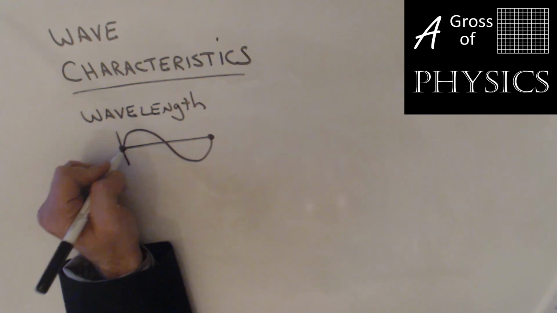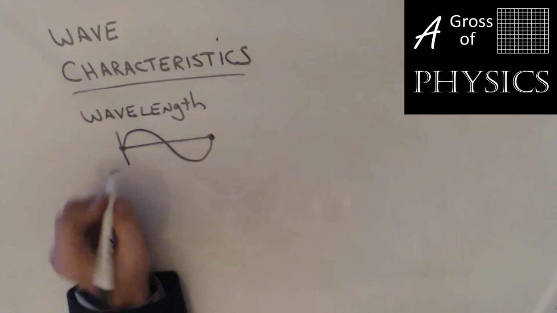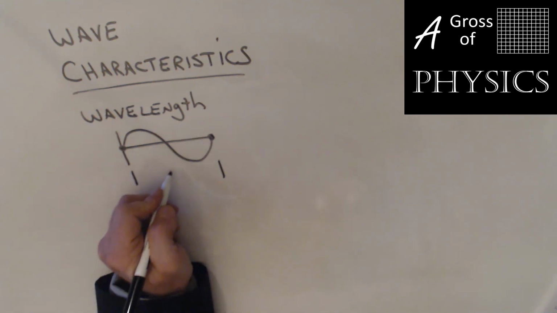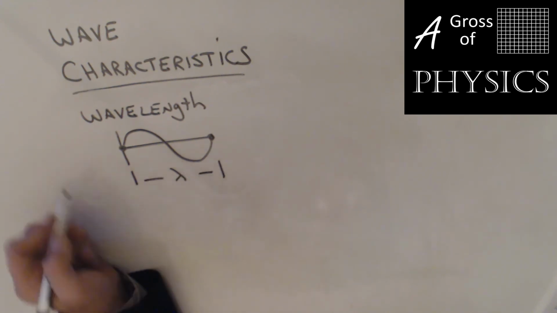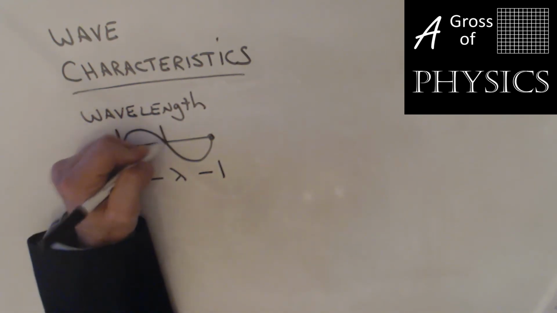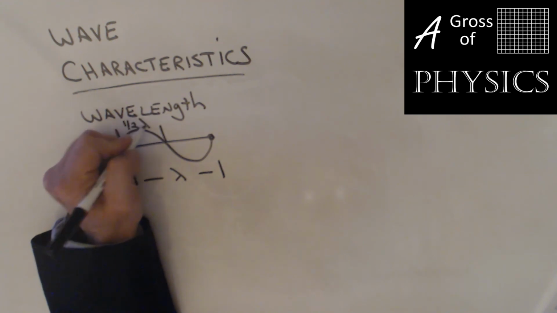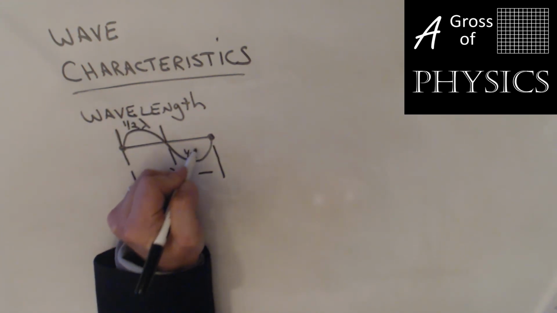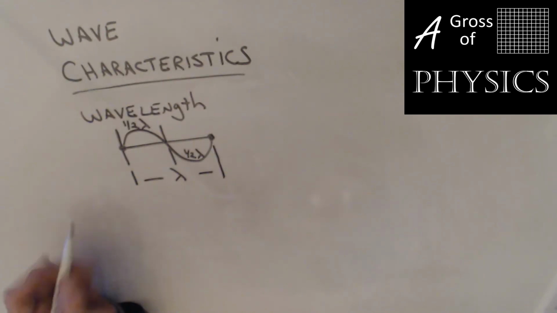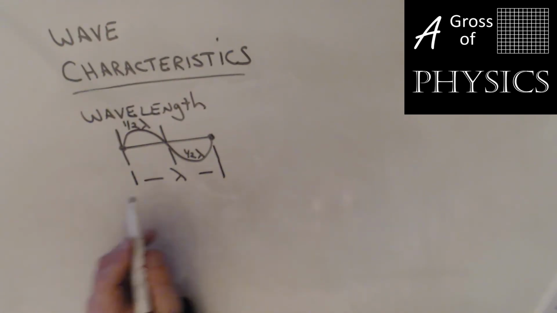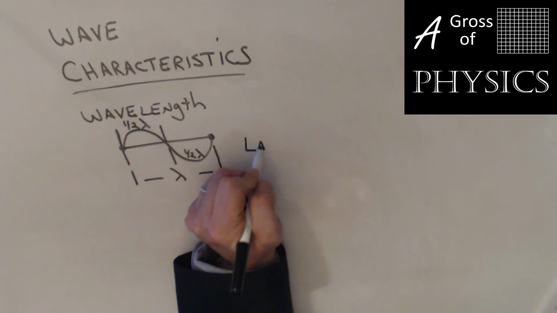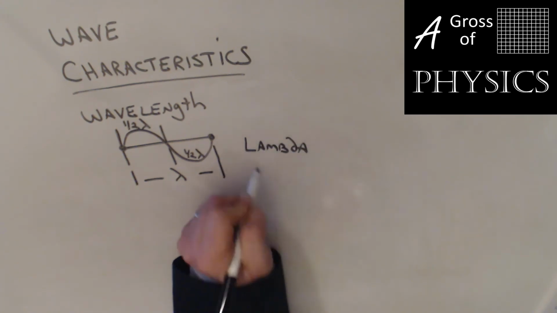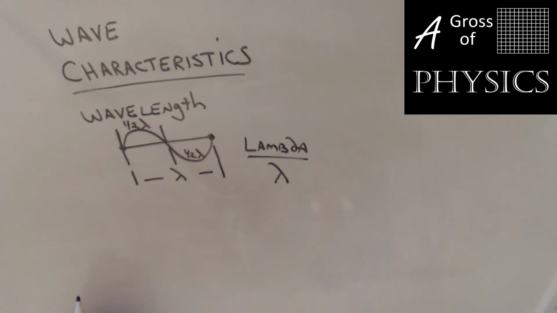Before, we talked about 2 points here and here that were in phase; they happen to be 1 wavelength apart. A single crest is half a wavelength. A single trough is also half a wavelength. The entire distance is a wavelength, and the symbol is lambda, which kind of looks like an upside down Y.